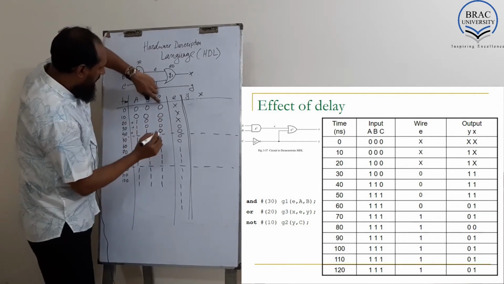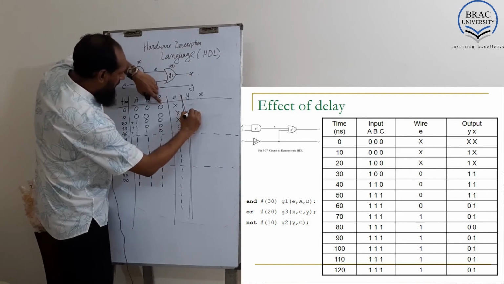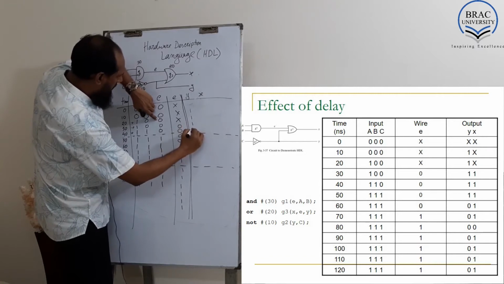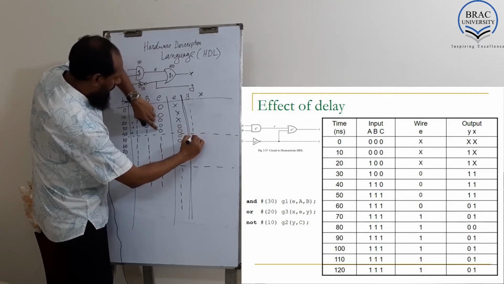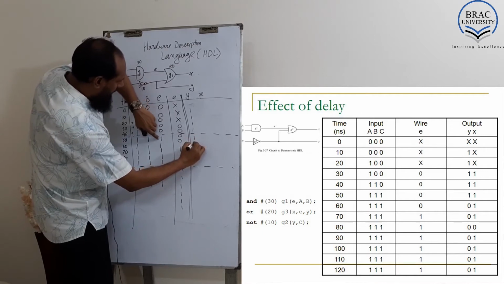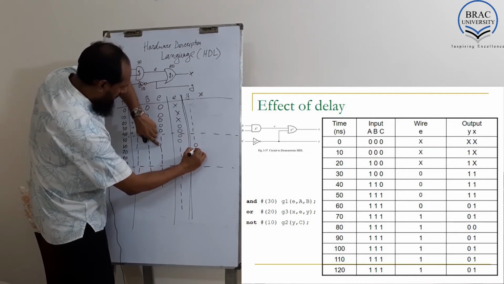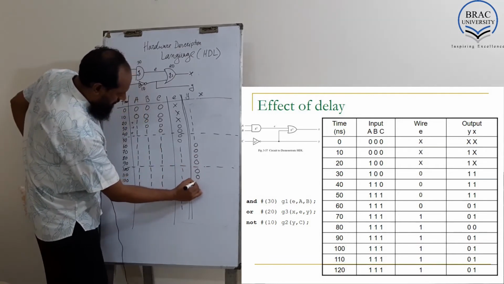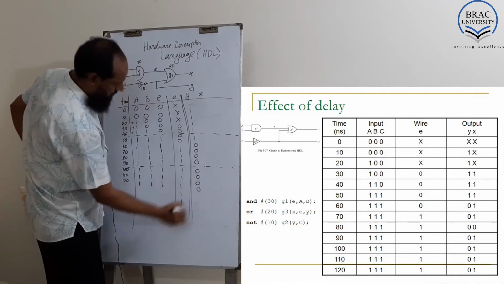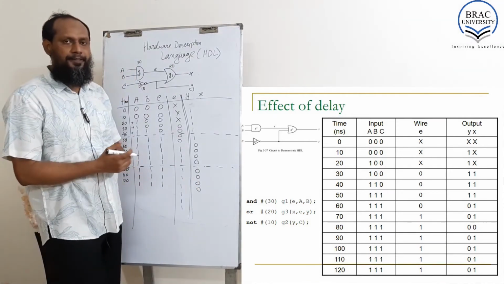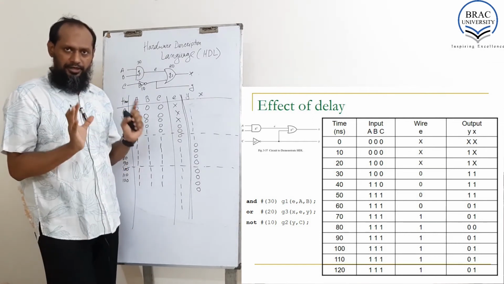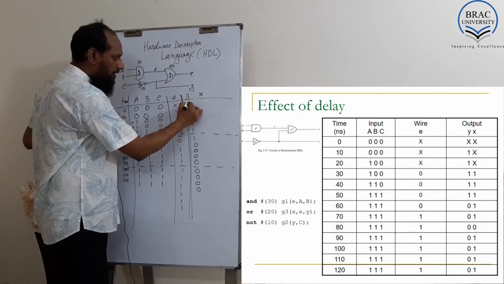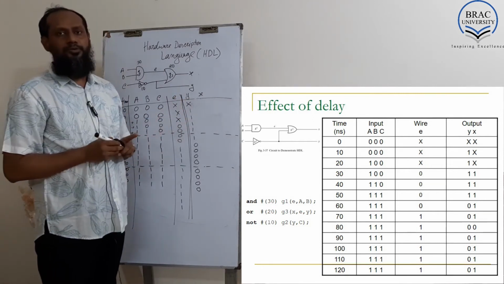So, we will get 1 on 10 nanosecond, 1 on 20, 1 on 30, 1 on 40, 1 on 50, and after that 0, 0, 0, 0, 0, 0, 0, 0. Clear? Now, in that case, from 0 to 10 nanosecond, we don't know the output value.